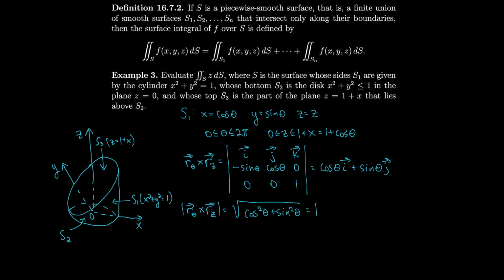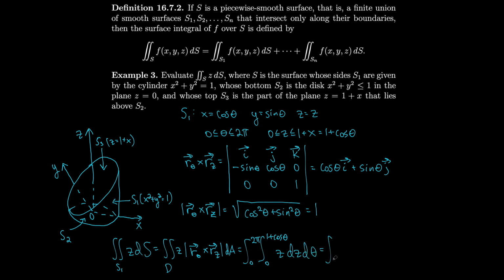So we'll take the surface integral now over S1 of z dS, and that'll be the double integral of z times the length of the cross product r theta crossed with rz dA, and that's the integral from 0 to 2 pi, integral from 0 to 1 plus cosine theta for z of z dz d theta.